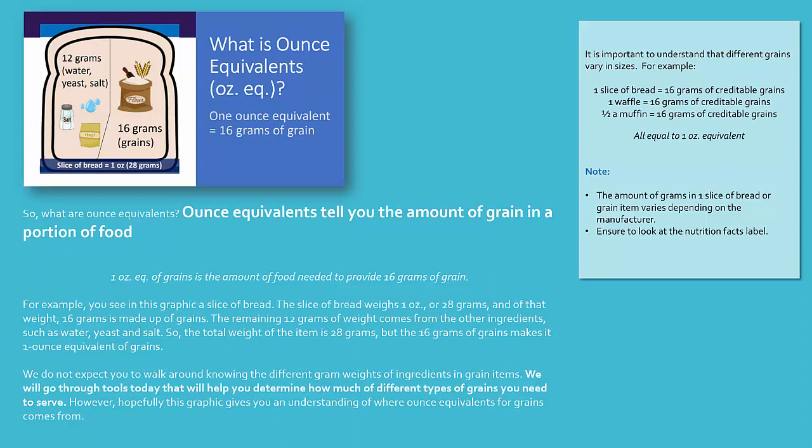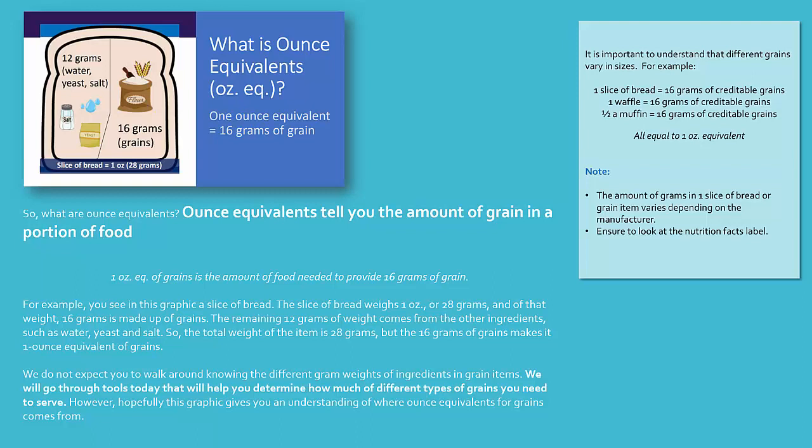We do not expect you to walk around knowing the different gram weights of ingredients in grain items. We will go through tools today that will help you determine how much of different types of grains you will need to serve. However, hopefully this graphic gives you an understanding of where ounce equivalents for grains are coming from. It is important to understand that different grains vary in sizes.